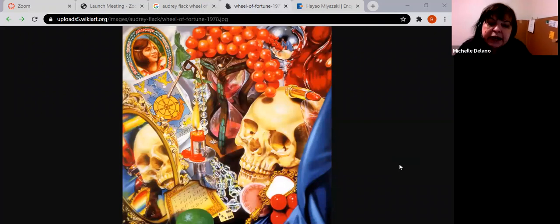When I look at this entire painting, I realize that the artist has put everything in a circle. So not only do you have the wheel of fortune tarot card, like the wheel of fate is spinning, but you also have the composition itself in a rolling wheel-like compositional line to show the cycle of life.